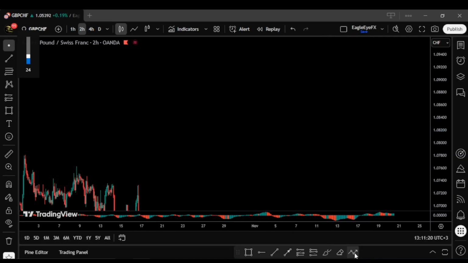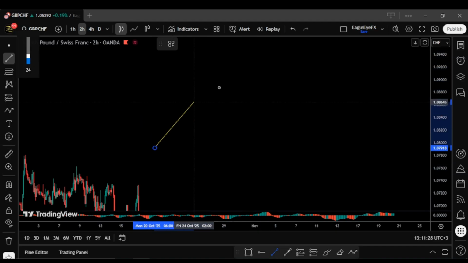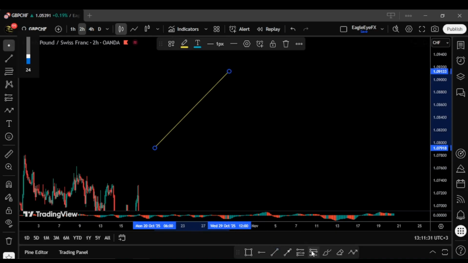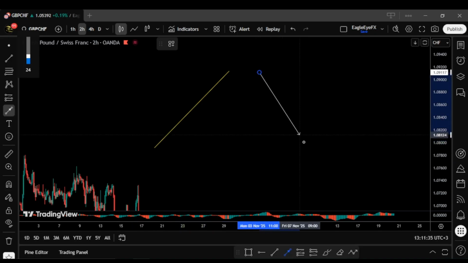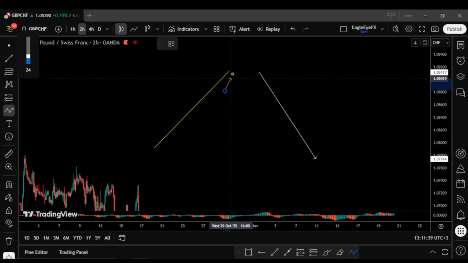This is very simple. The first thing you want to look for is to identify the market direction. Are we looking at an uptrend, a downtrend, or a consolidation market?